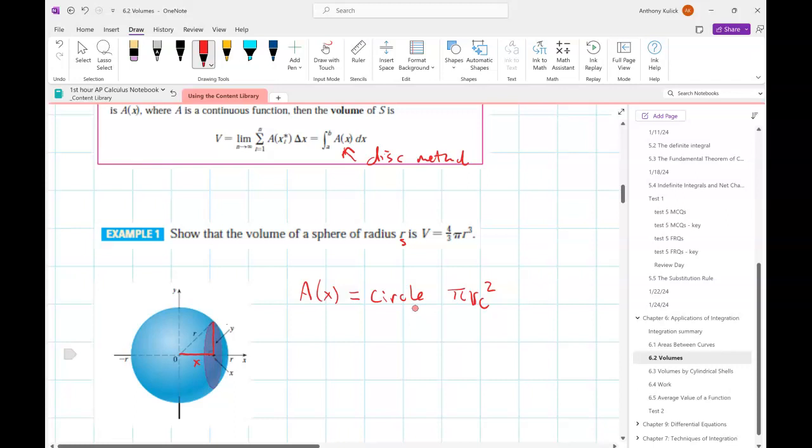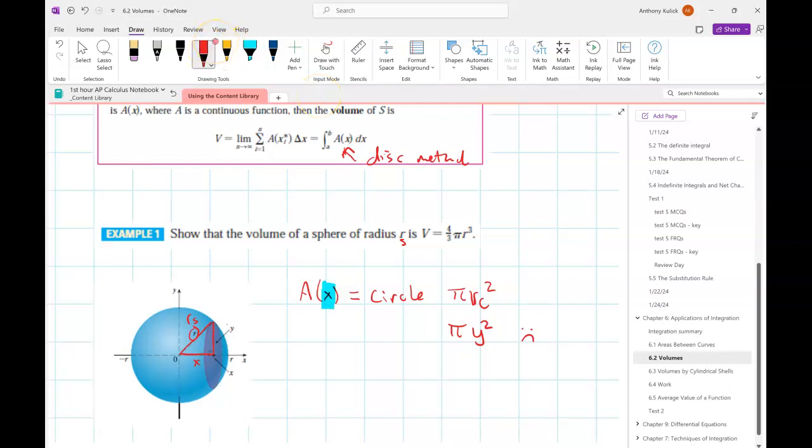So if this is x, and that's the radius of our sphere, I can calculate the value for y in terms of x. So initially we'd say this, but we need this to be a function in terms of x.